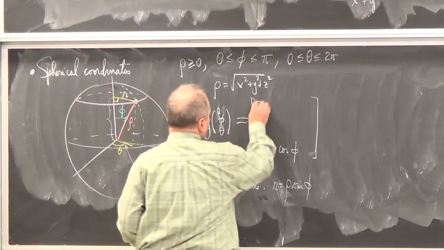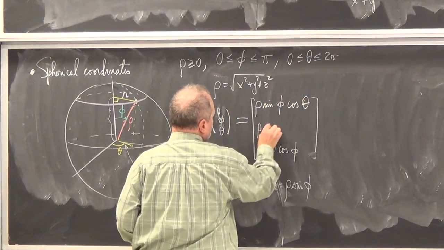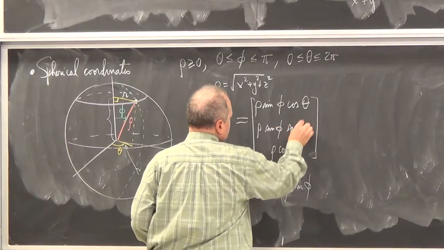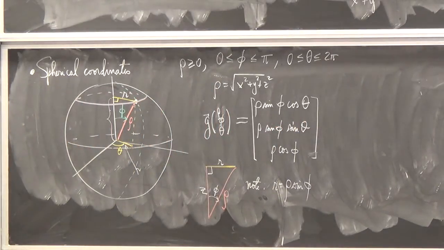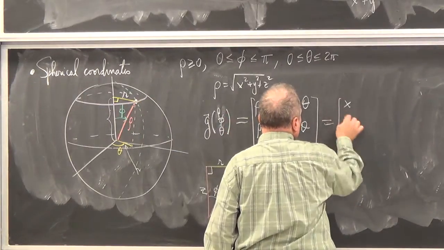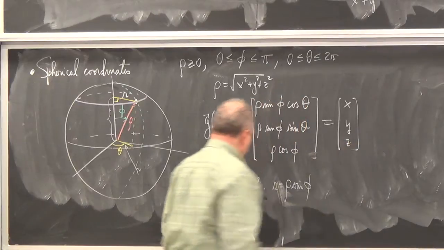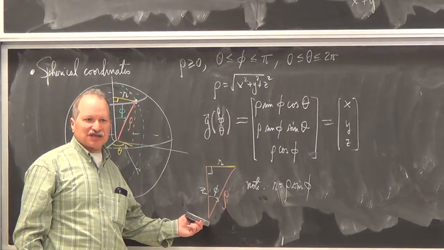So rho sine phi cosine theta is x, rho sine phi sine theta is y, and I am done. Those are the coordinates. And honestly, you can try to memorize this, but I think it's easier to think through this picture and just figure it out. It should only take you 10 seconds.